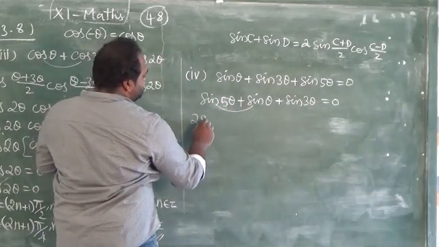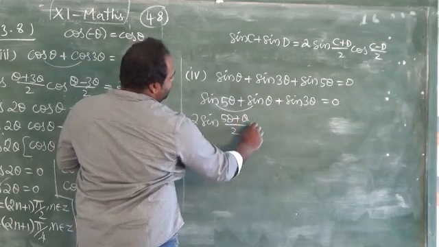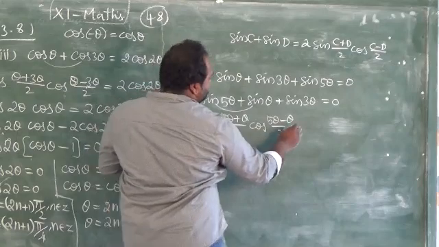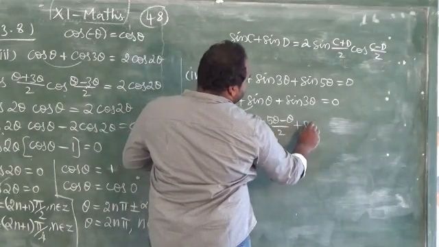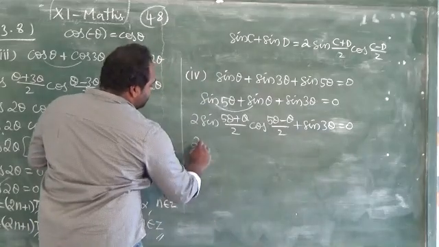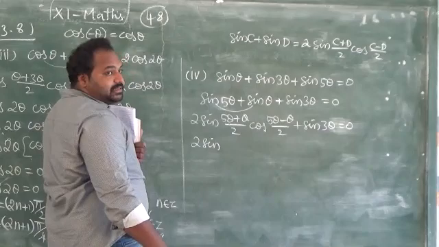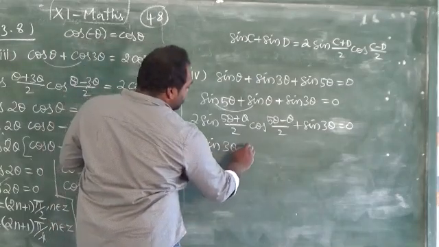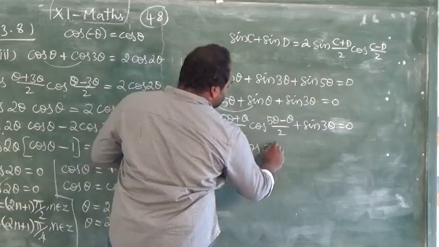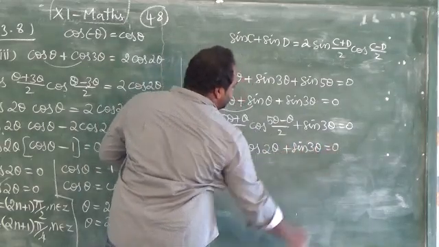So 2 sin (5 theta plus theta) by 2 cos (5 theta minus theta) by 2, plus sin 3 theta equal to 0. That is 2 sin (6 theta by 2) which is 3 theta, cos (4 theta by 2) which is 2 theta, plus sin 3 theta equal to 0.